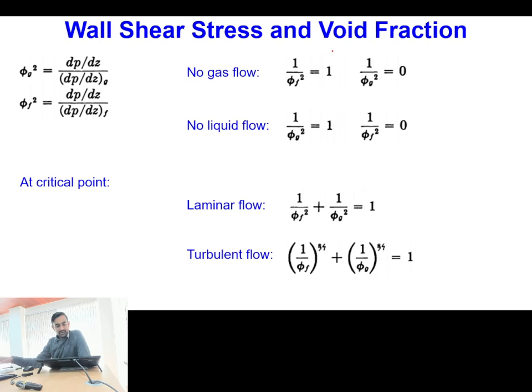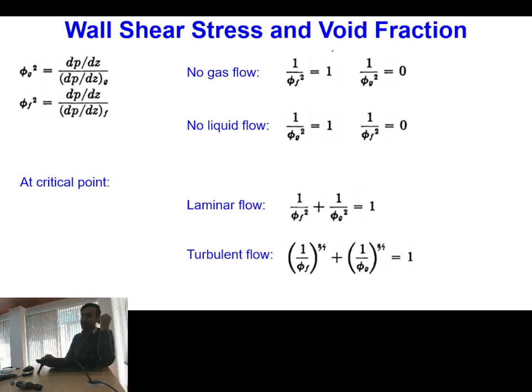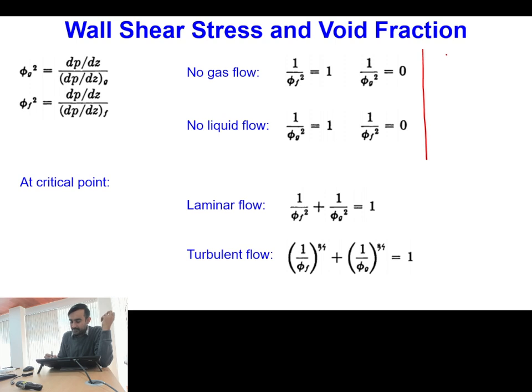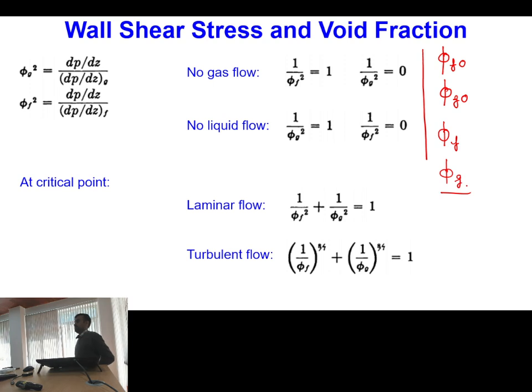Okay, so they have divided these two-phase multipliers in different ways. One multiplier is called phi FO, one is called phi GO, the third type of multiplier is called phi F, and the fourth is called phi G. So what is the difference between these four?